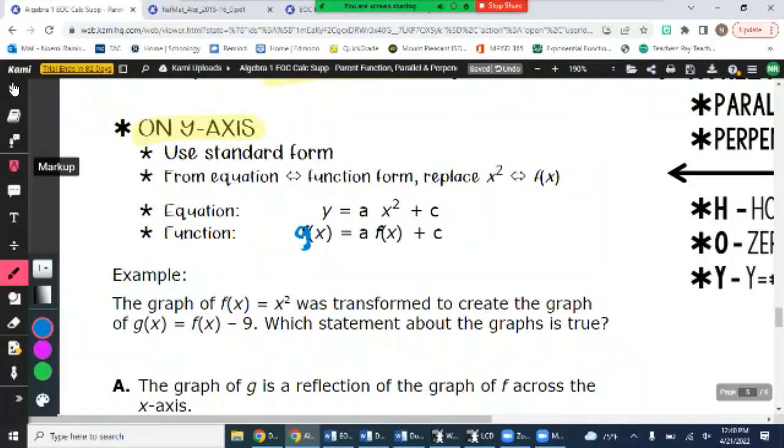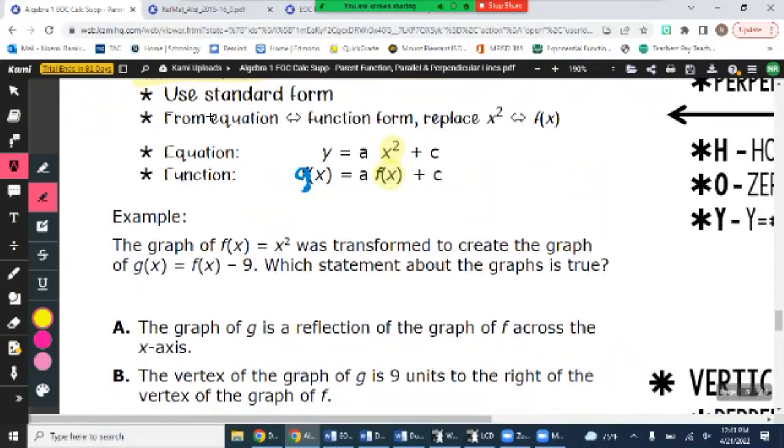But look at the right side of both of those equal signs. What is the only difference? The x squared changed to a what? F of x. So if you see an f of x in that spot, switch it back to an x squared. Or if you see an x squared in that spot, switch it to f of x to find your answer, okay? Let's look at the example.